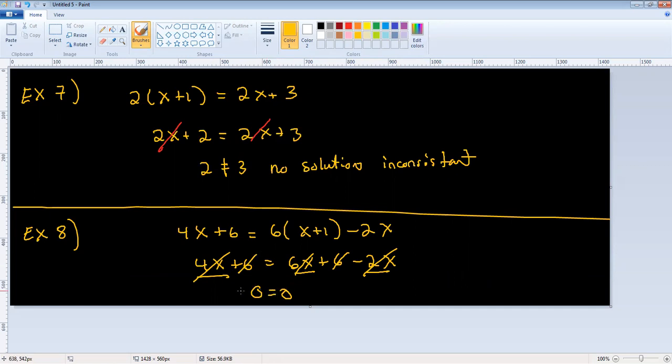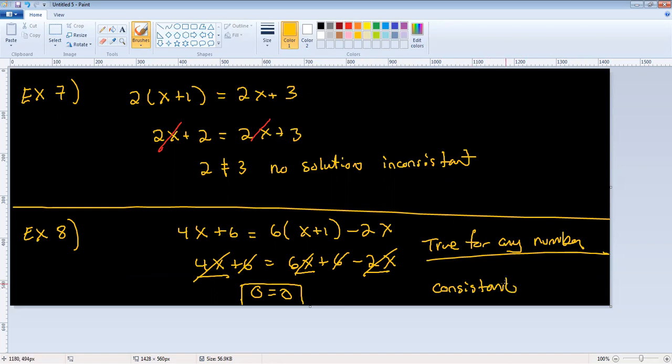This is going to be 0 is equal to 0. And that means it's going to be true for any number. Okay, so that's true for any number right there. So that one is consistent.